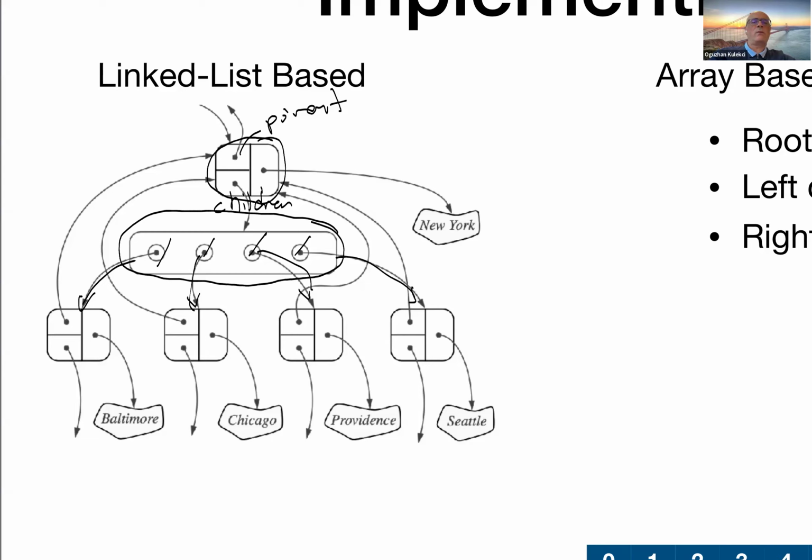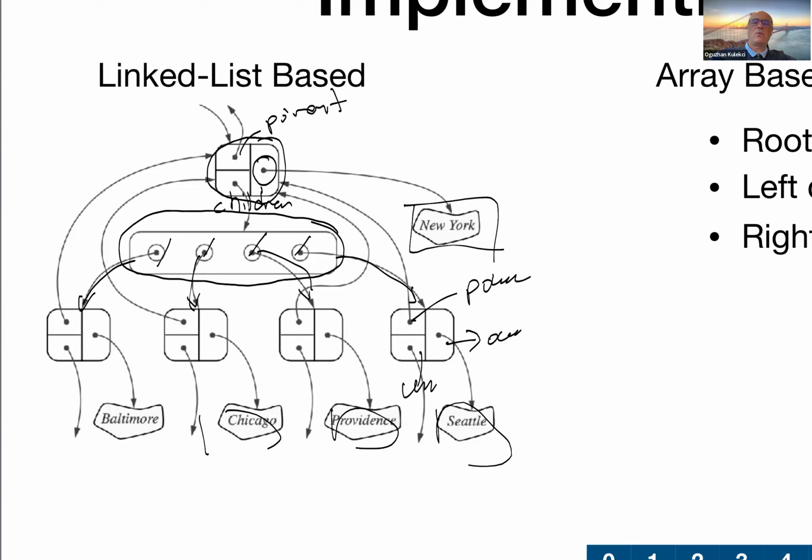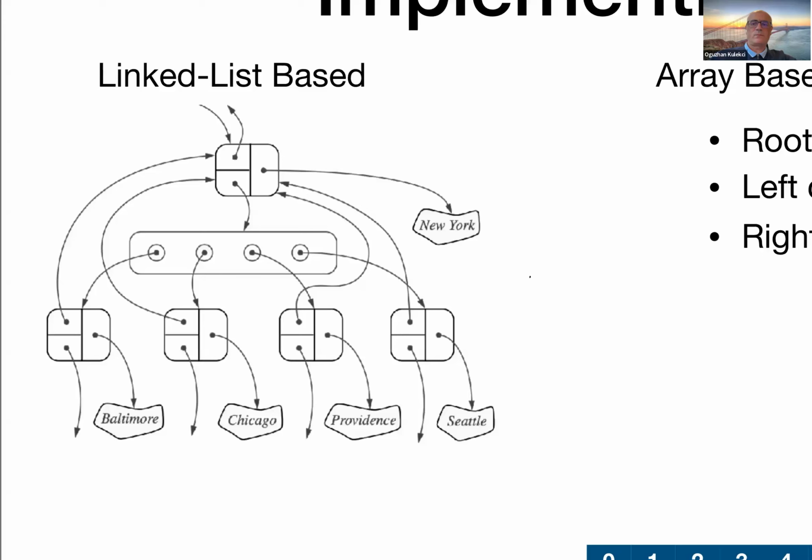Okay, so parent pointer, children's pointer, and then what is the actual data in this node? It is also another value. In this example, it's just names of the cities. So for each node, very simply, this is the parent, this is the child, and this is the own data pointer. You can just create a linked list in this way, which will implement a tree.